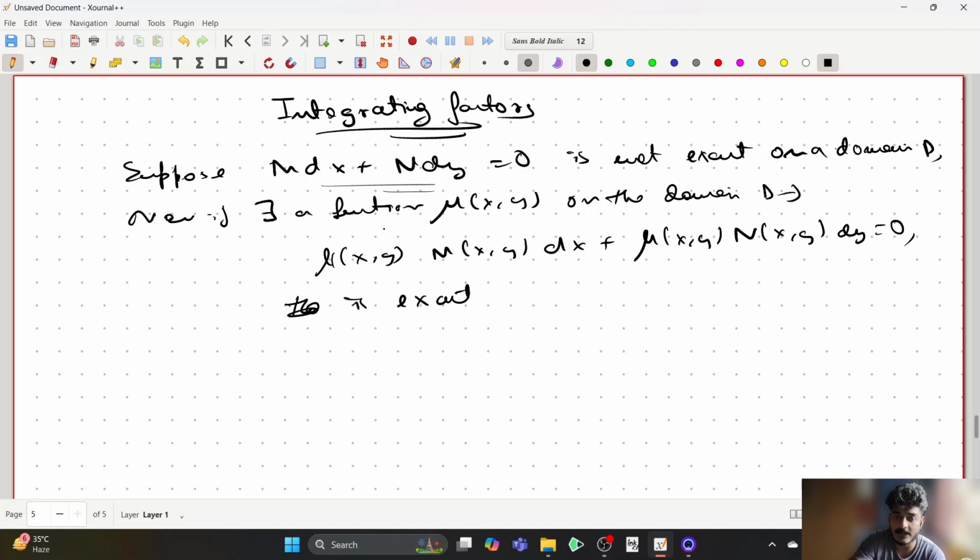In that case, we say that mu is an integrating factor, because once it is exact, it is very easy to integrate it further, right? So that's why the name. It's called an integrating factor.